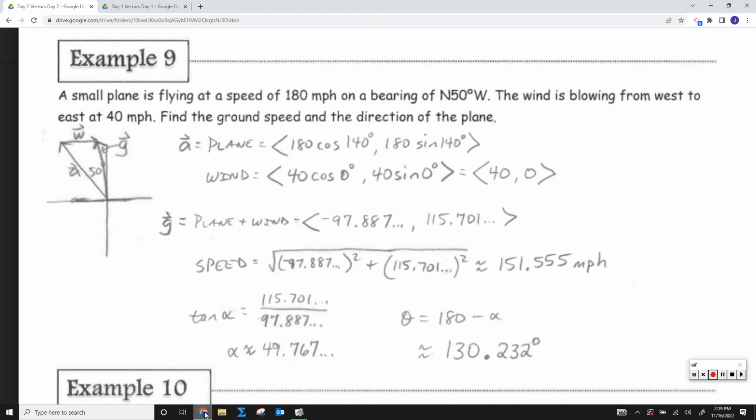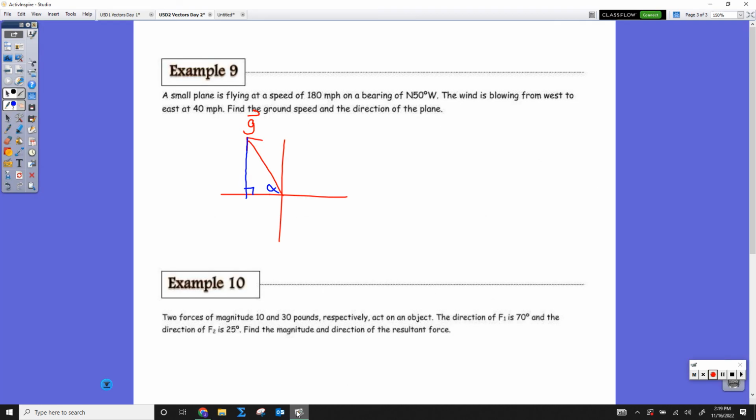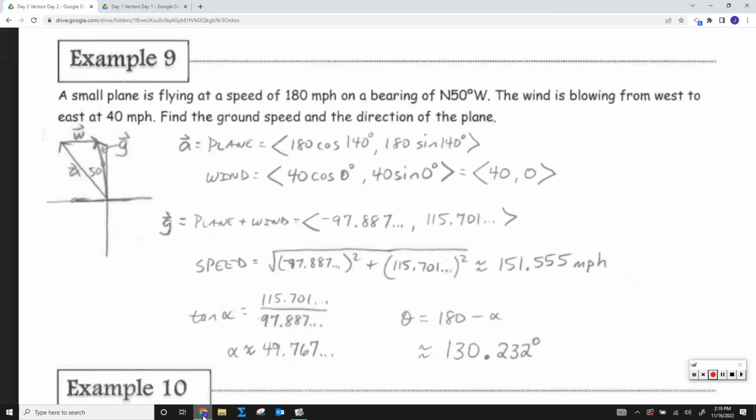Once you find that angle alpha, which you can see is where I was working here, then we can find our directional angle. So we need to figure out this right triangle and its pieces. Using our component form of G, tangent of alpha is 115.701, and here's the important part: I did not include the negative on the 97.